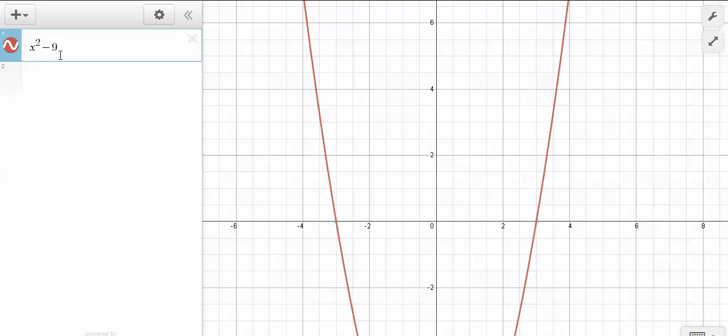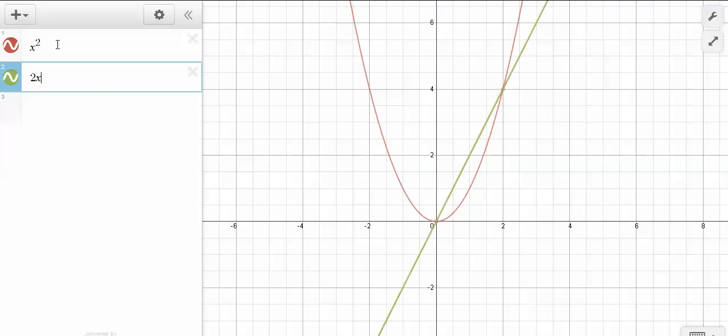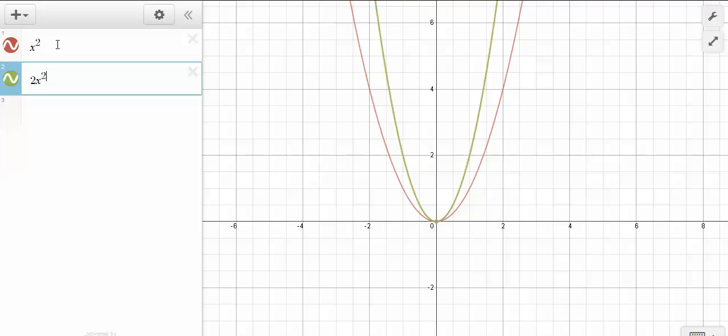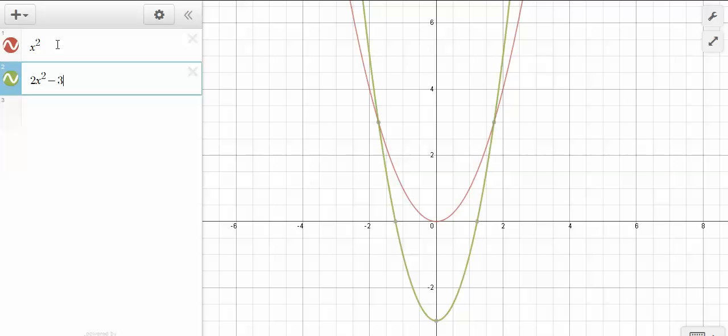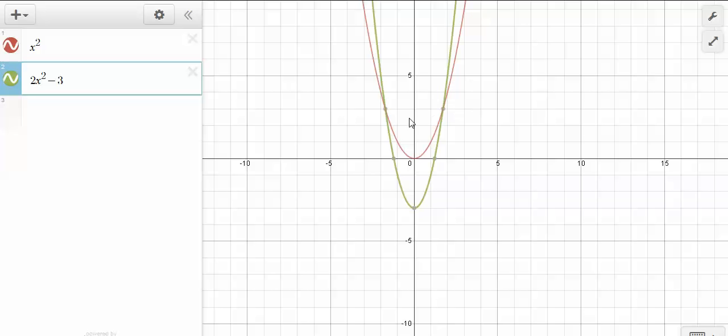Here's x squared. 2x squared is going to look skinnier. The minus 3 is going to take that parabola and pull it down by 3 units. See? So it's a skinnier parabola and it's pulled down by 3 units.